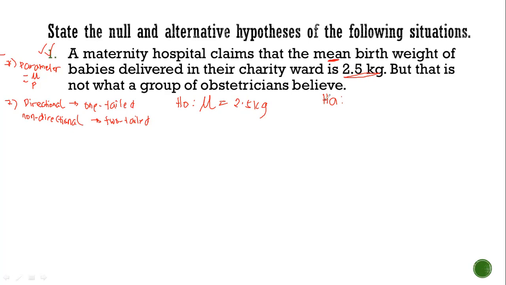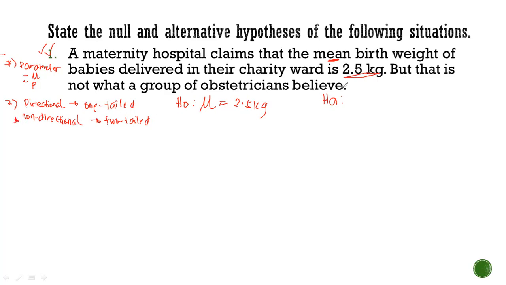And next one, your alternative, sabi natin sa alternative, there is a significant difference. Pero sinabi ba dito kung anong difference? May direction ba? Wala, di ba? Wala naman sinabing one is less, smaller or greater. So anong gagamitin natin? Non-directional.